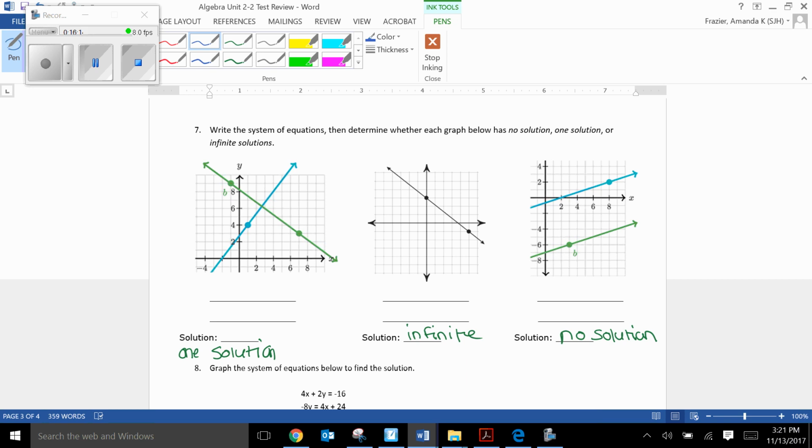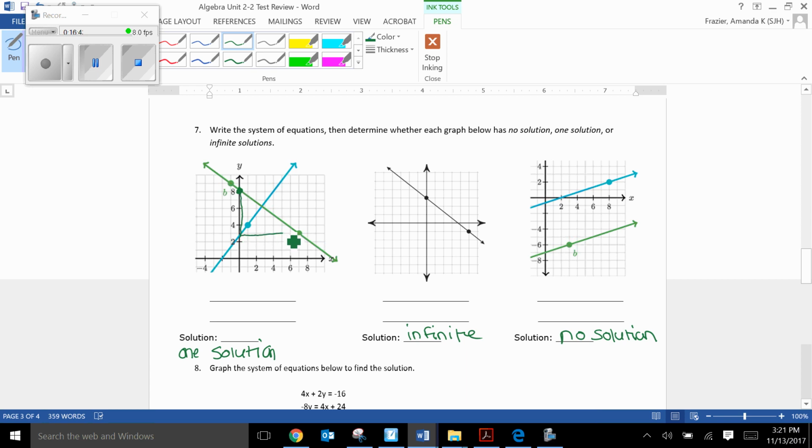So I need to write an equation for each of these. Okay, so let's start with my green line here, my y-intercept. I don't know if this is exactly accurate. I think it's 8. It's kind of hard to tell, but we're going to use 8.